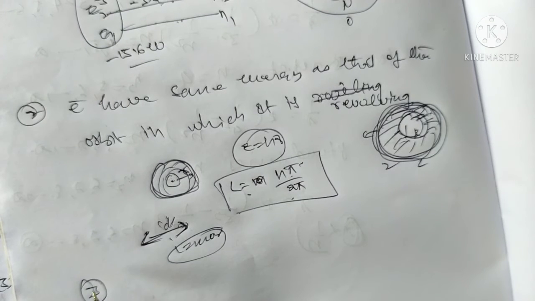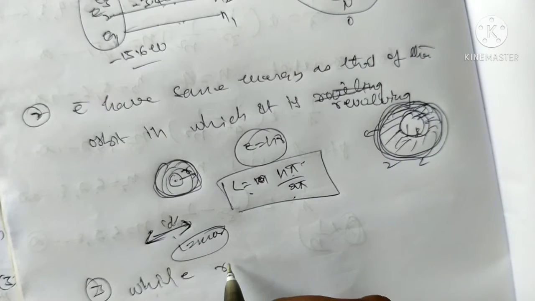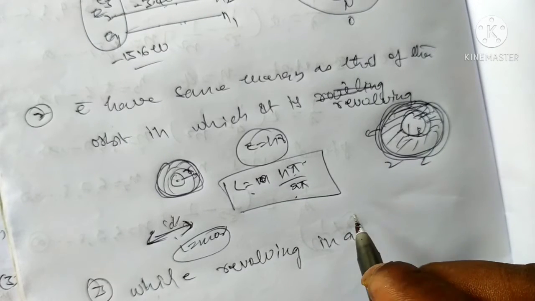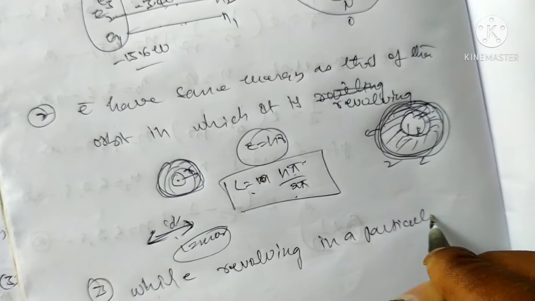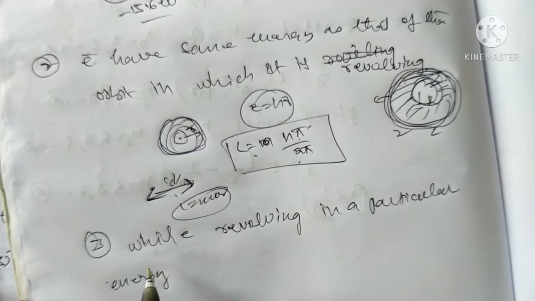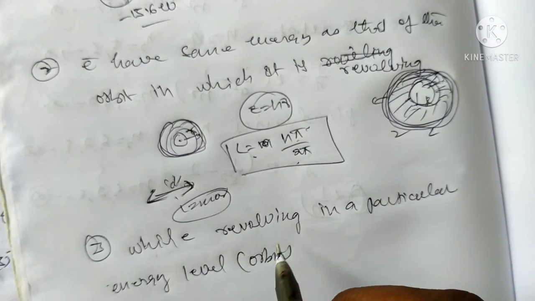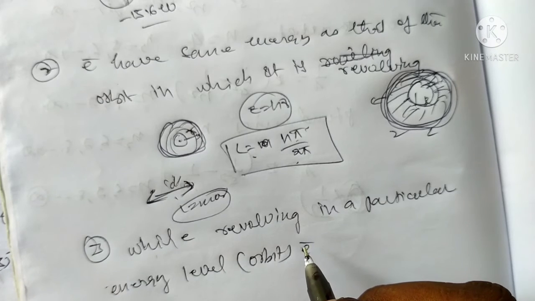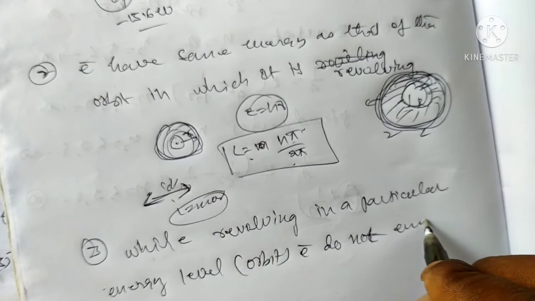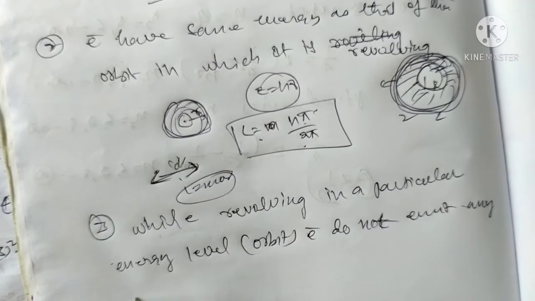While revolving in a particular energy level or orbit, the electron does not emit any radiation, any kind of energy.